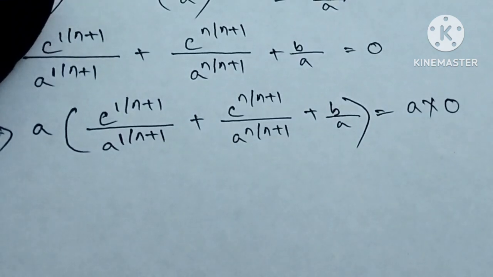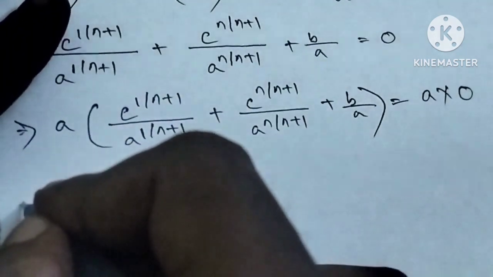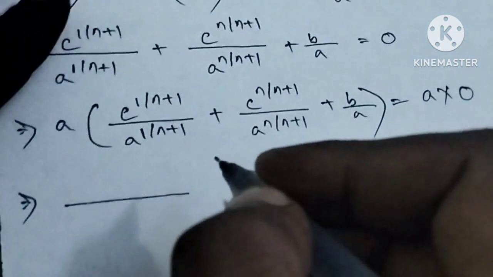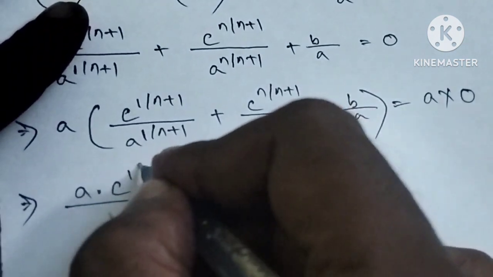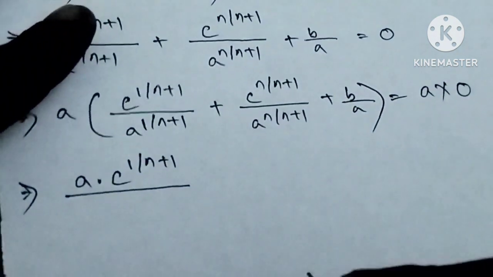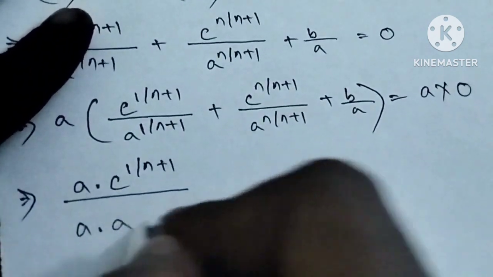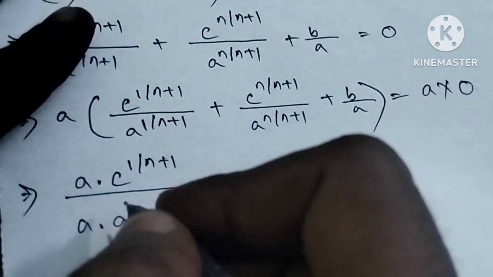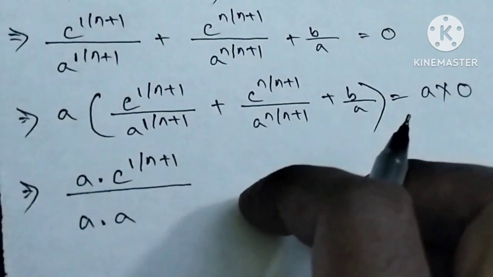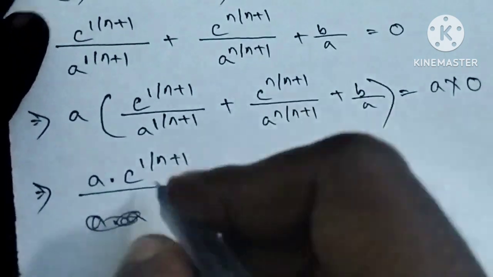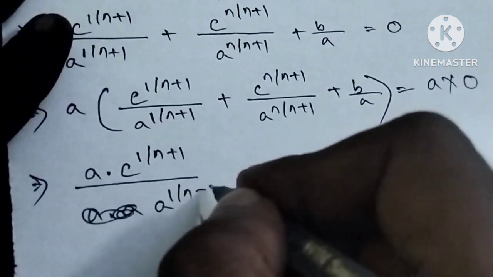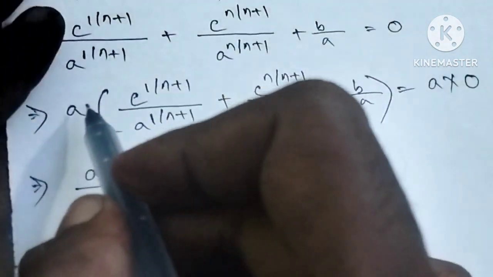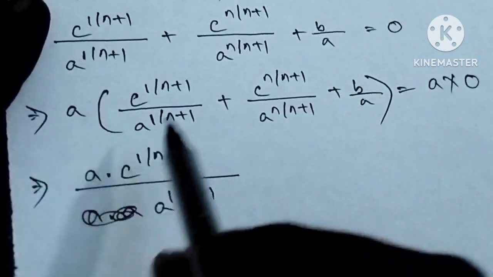Okay, clear? So it will be now a into c to the power 1 by n plus 1, and in the denominator it will be a to the power 1 by n plus 1. Only I will multiply it with the numerator.